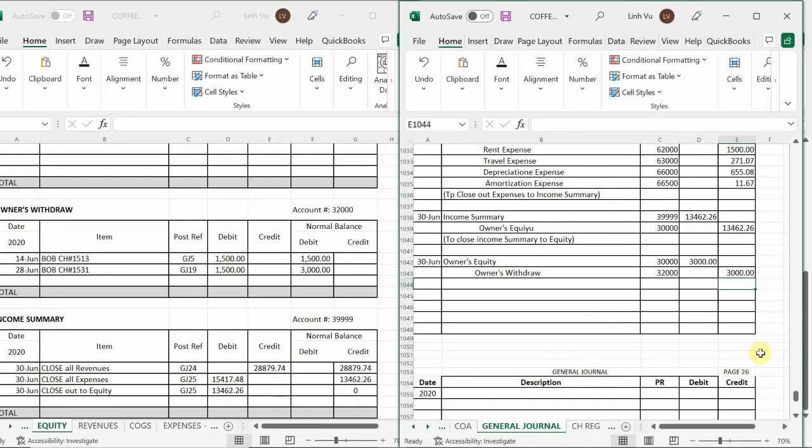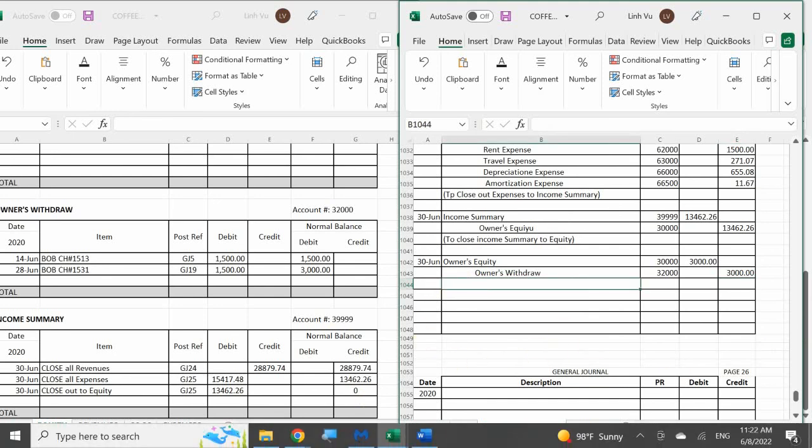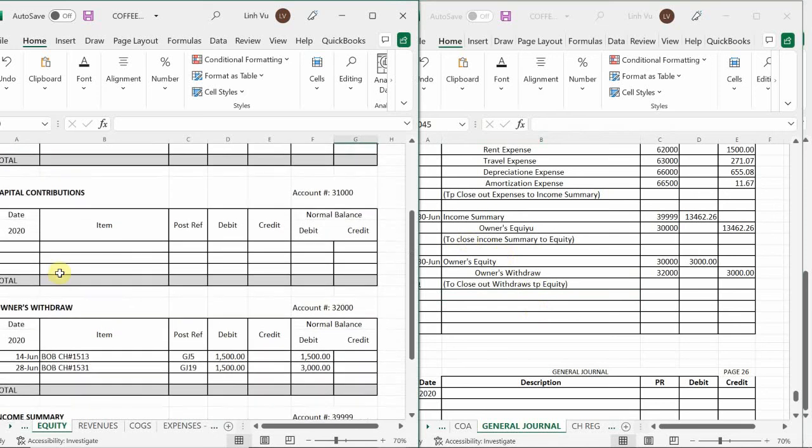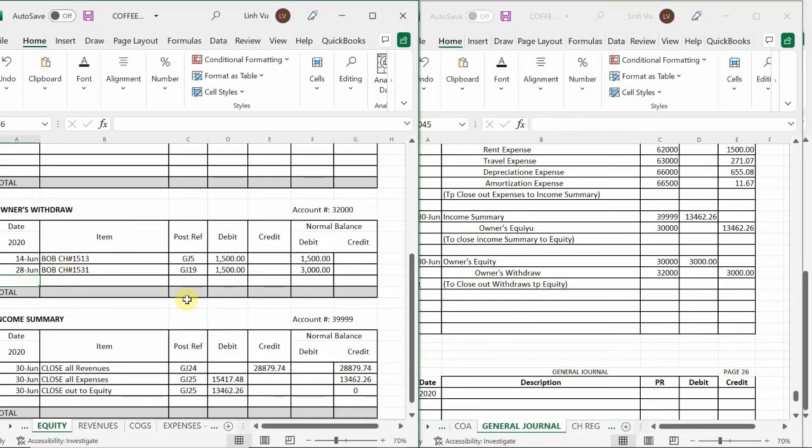Okay? And right here, to close out withdraws to equity. So let's see. Since I'm already here in my owner's withdrawal, we'll just close it out now.